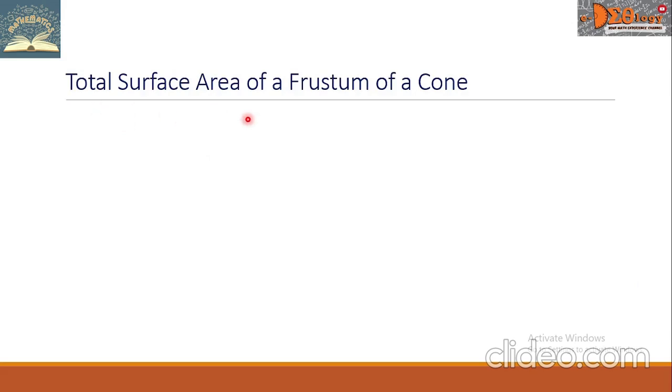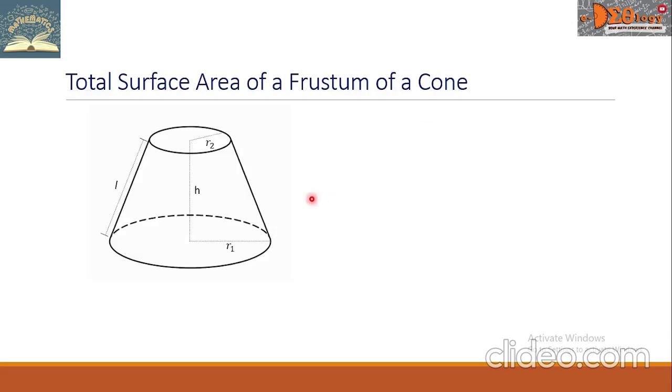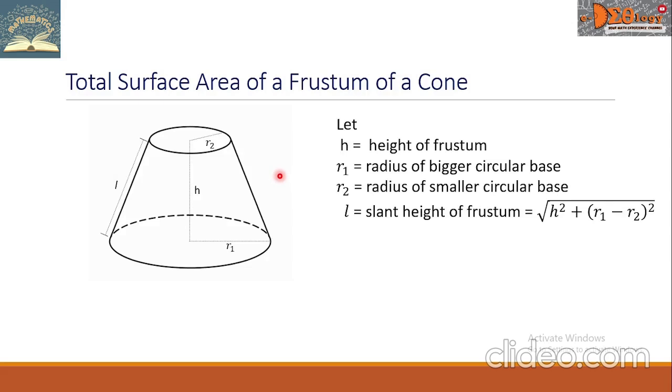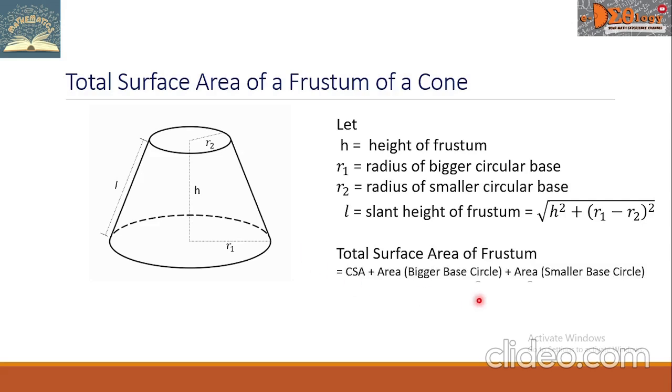Now, total surface area of a frustum of a cone. This is our frustum. For the total surface area of frustum, we have this formula. The CSA, or the curved surface area, plus the area of the bigger base circle, plus the area of the smaller base circle.